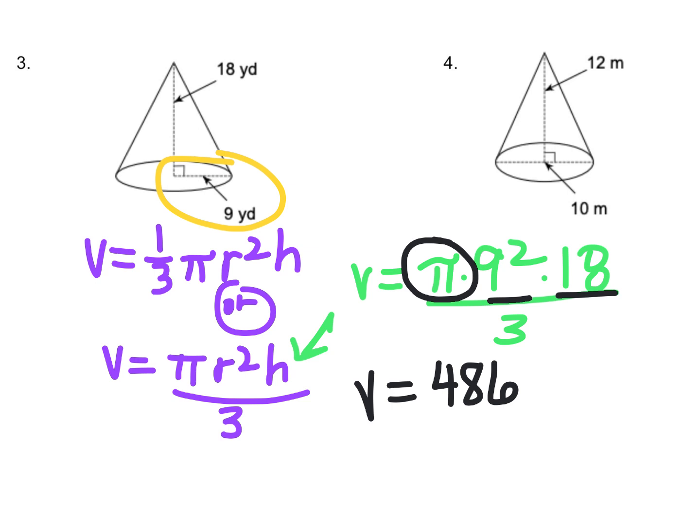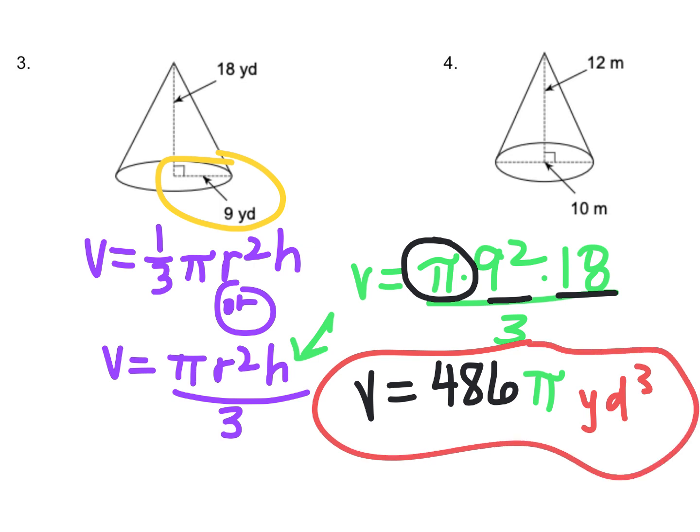And that is without calculating pi. So I just put the pi symbol there next to it, along with our label, which is yards cubed. Okay, so that is all for number 3. For number 4, when you do this one by yourself, they give you the diameter, so you'll have to cut that in half and use 5 for your radius.